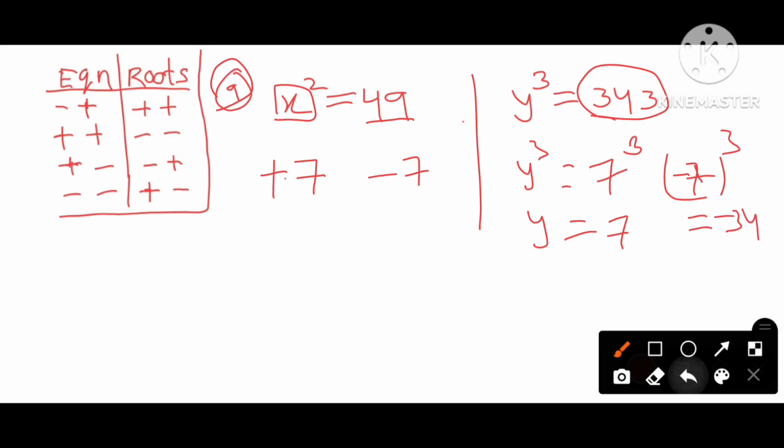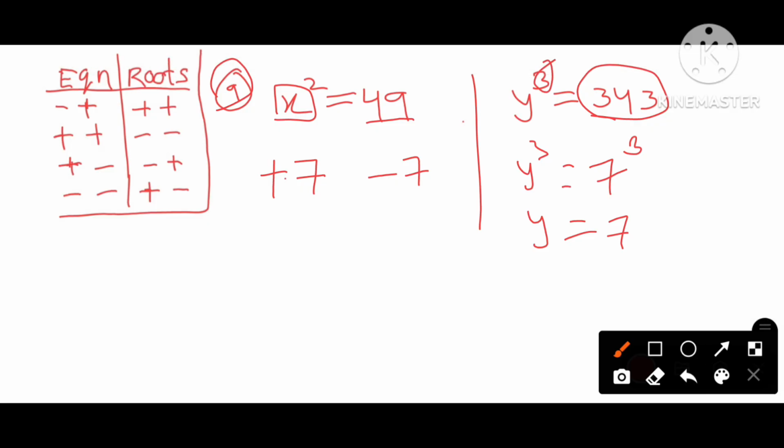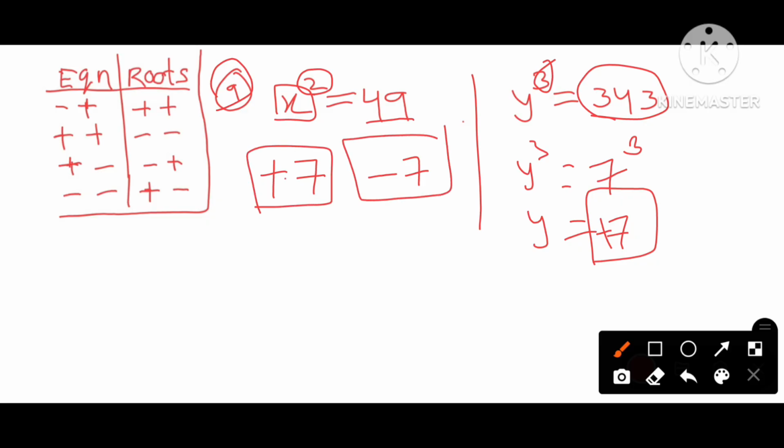This is why we don't take a negative value of 7 if the power is an odd number. If the power is an odd number, there is only a positive value, and if we see power 2 or an even number power, then the roots will have both positive and negative.